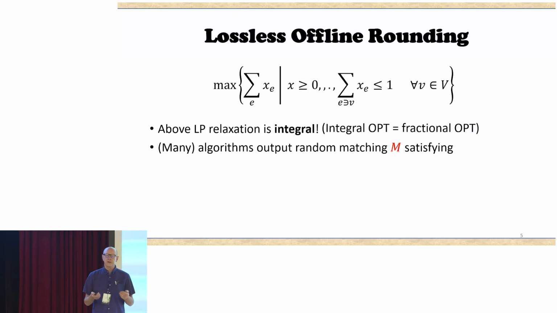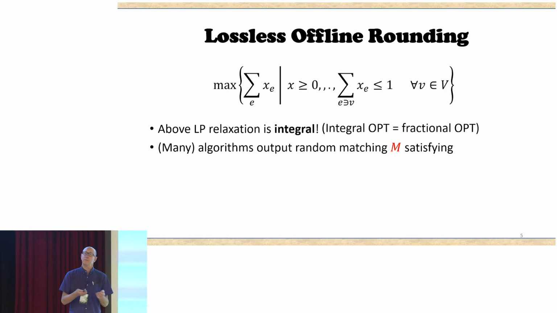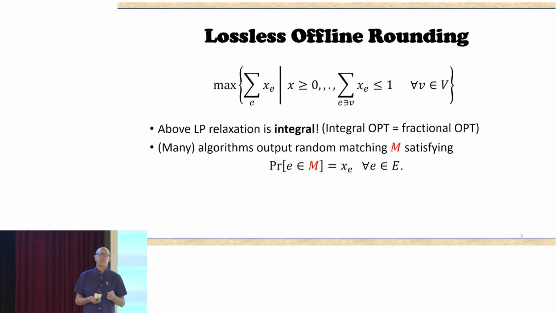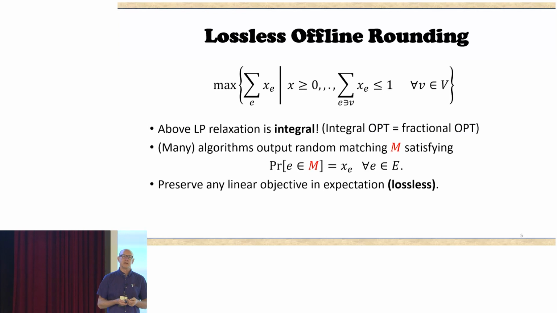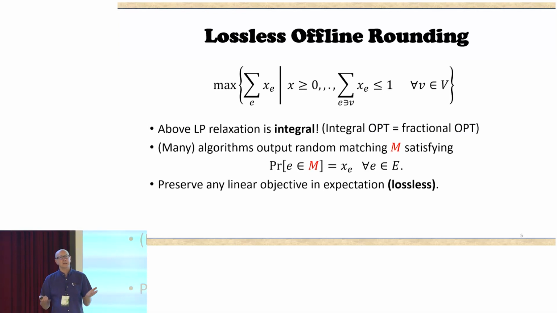Then we can turn it into an integral point which has the same value or even more, meaning number of matched edges, and the probability of an edge belonging to the matching is equal to its fractional value. This means that any linear objective is preserved in expectation. We can call it lossless rounding.